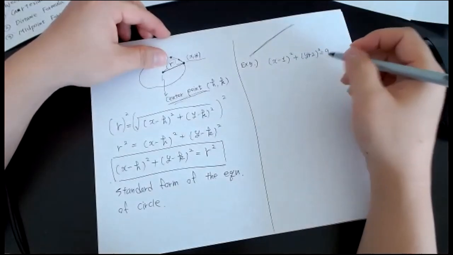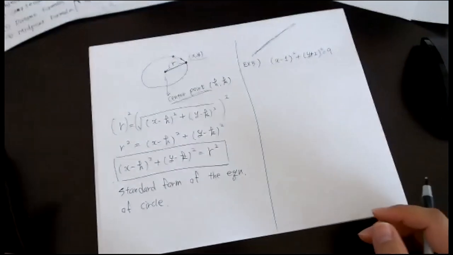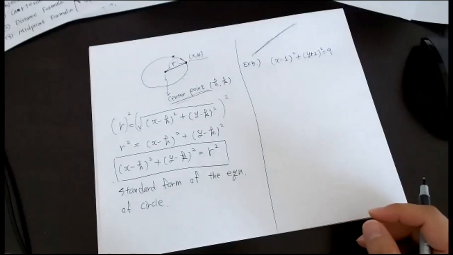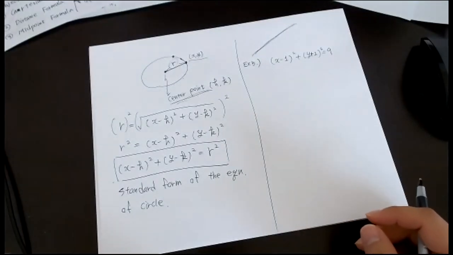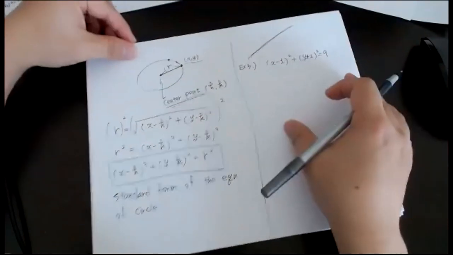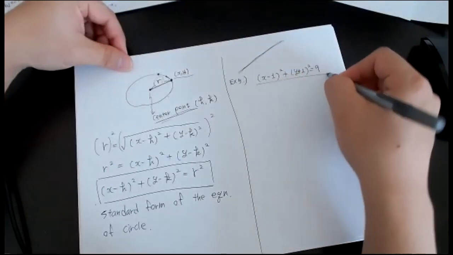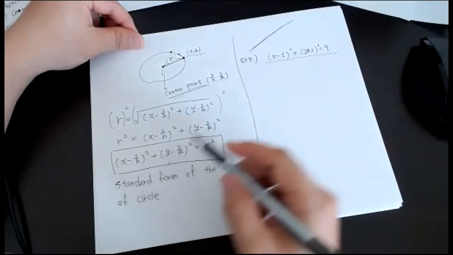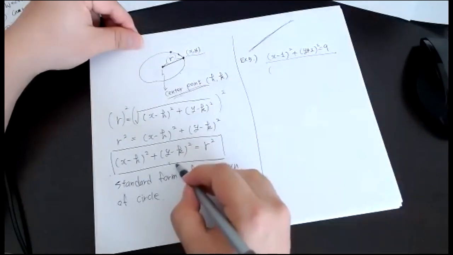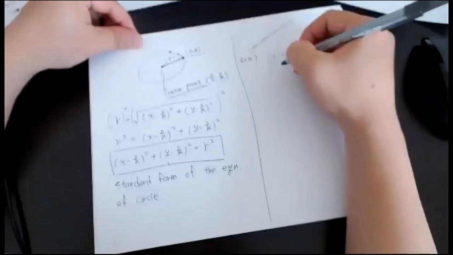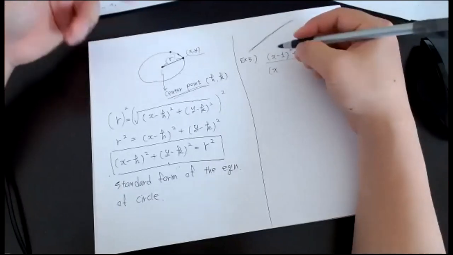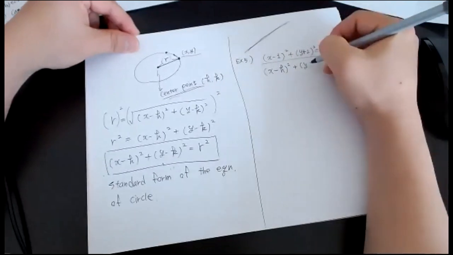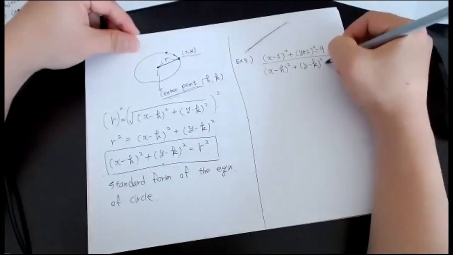To plot the graph of the equation of a circle, we need to figure out the ordered pair of the center point and the radius. To figure out the center point and the radius, we need to compare the equation given in the problem with the standard form of the equation of a circle. Let me copy this one at the bottom of the equation so that we can easily compare those two equations: x minus h squared plus y minus k squared is equal to r squared.